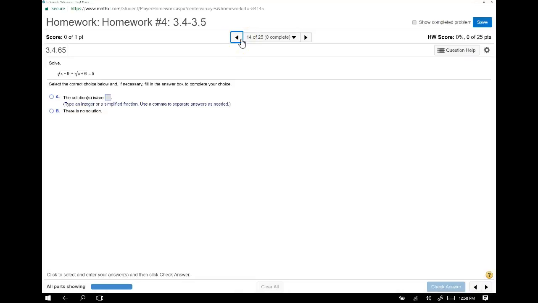It says the square root of x minus 9 plus the square root of x plus 6 equals 5. So there are two radicals in that problem. We're still going to approach it the same way we just did the last one, but we've got two radicals to cancel. That means we're going to isolate and square twice before we're left with a linear or a quadratic to solve.